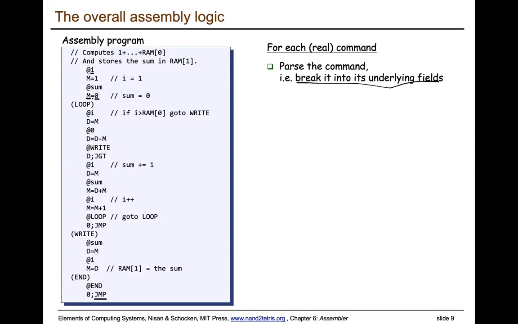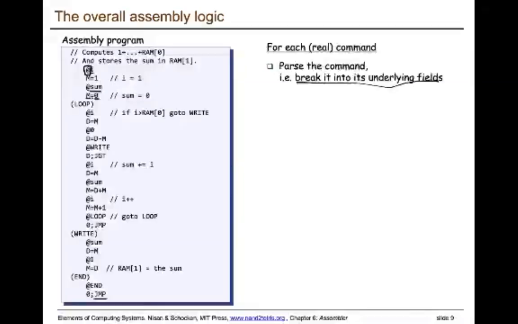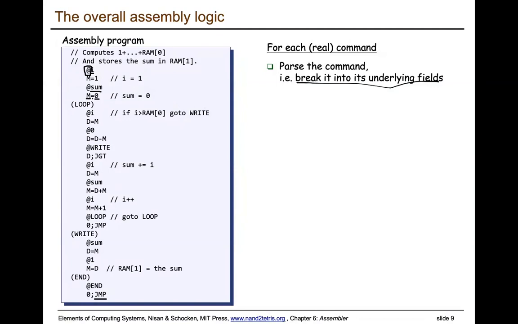For example, I have a variable, and the beginning is the at sign. This is the leading special character that tells me this is an A instruction. So I break it into fields, and the A instruction just has two fields. One is the at sign, the special character that tells me this is an A instruction, and the next one is the value or the symbol.